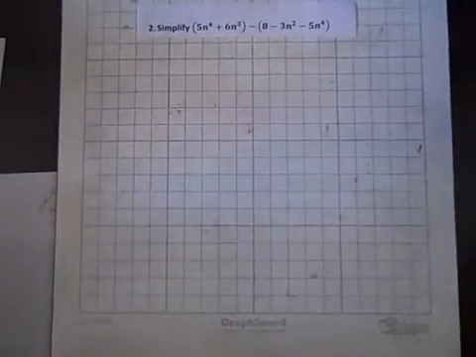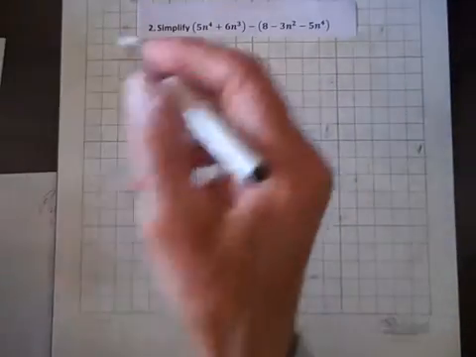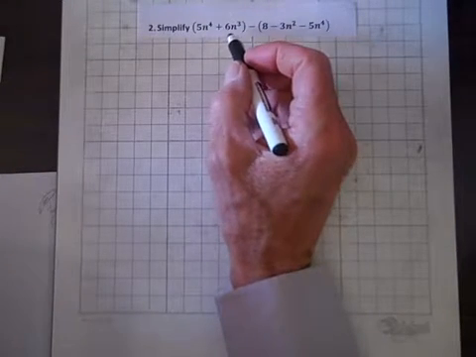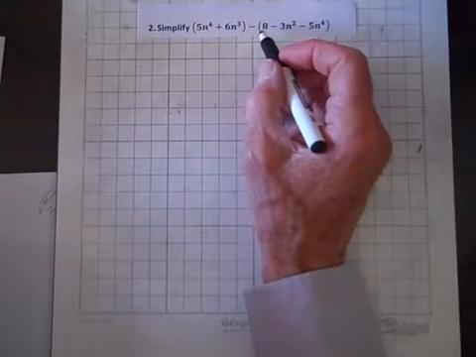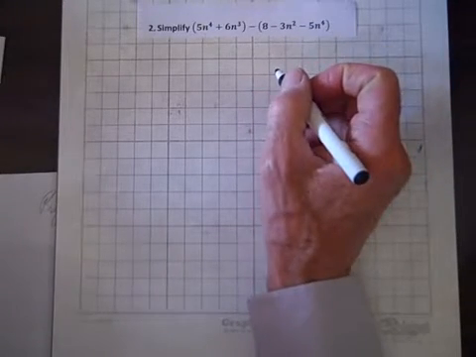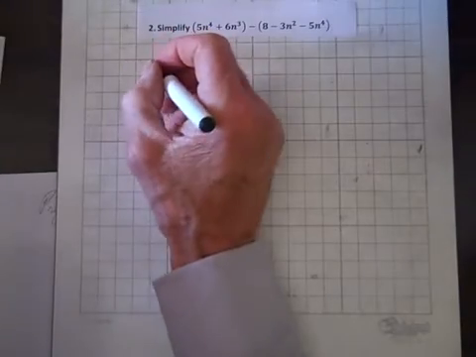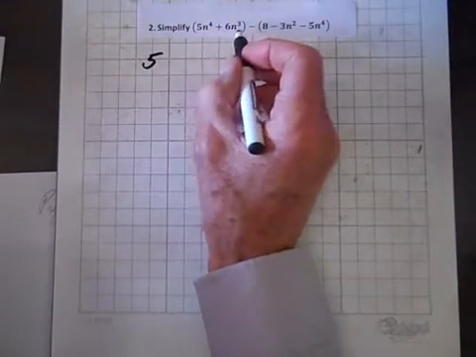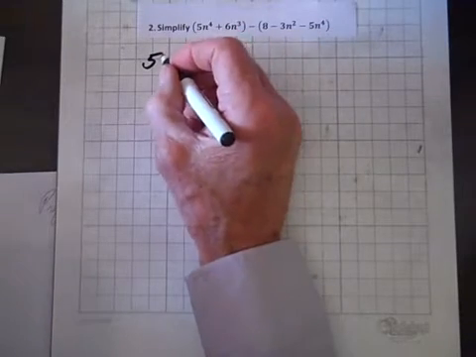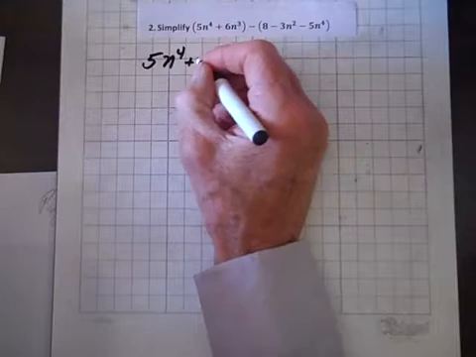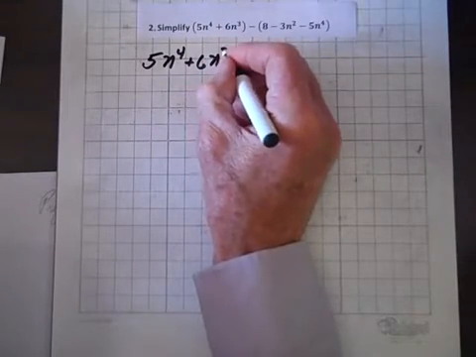And here it is. So we want to simplify this: 5n to the 4th plus 6n cubed minus the quantity 8 minus 3n squared minus 5n to the 4th. Look, these parentheses at this point serve no purpose, so we can dispense with them. Plus 6n cubed.